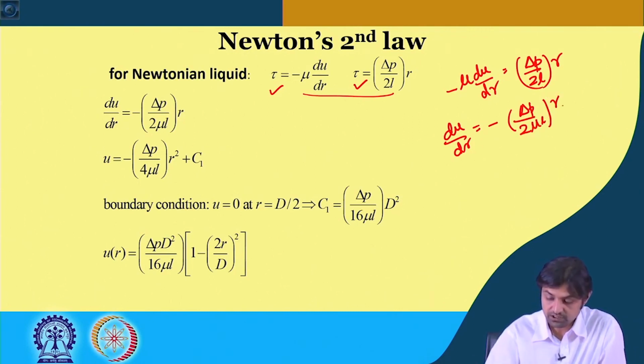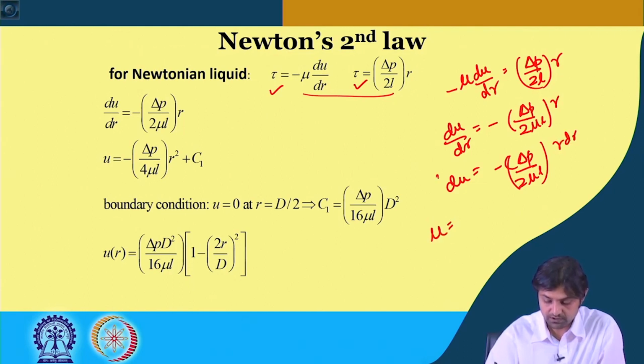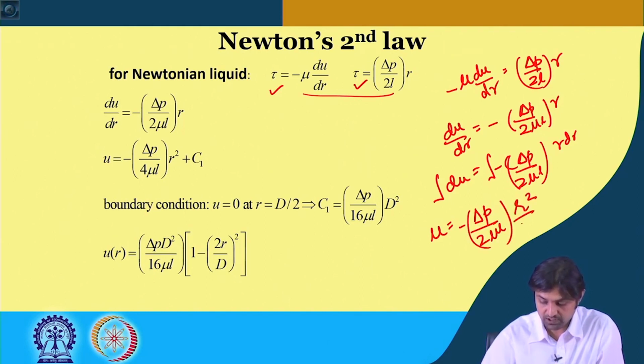If we take dr to this side, it becomes du equal to minus delta P by 2 mu L, r dr. Therefore, we can simply integrate on both sides. We get u equal to minus delta P by 2 mu L, with the minus sign, r square by 2 plus C1.